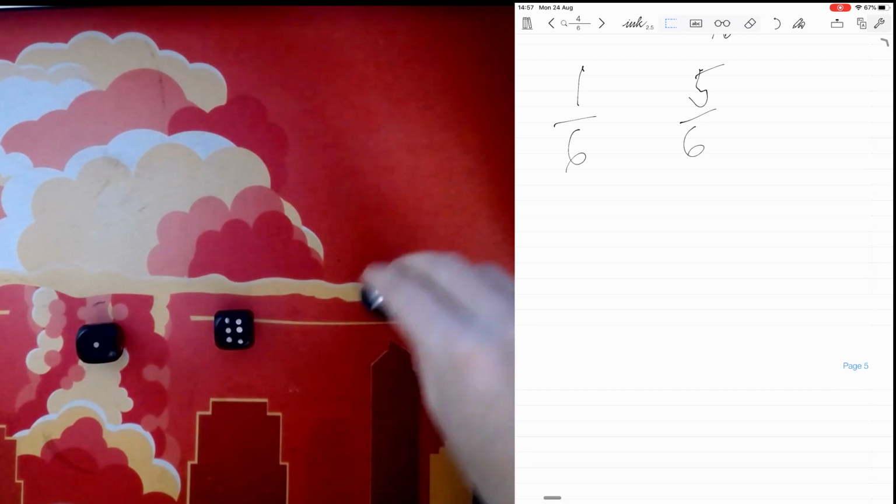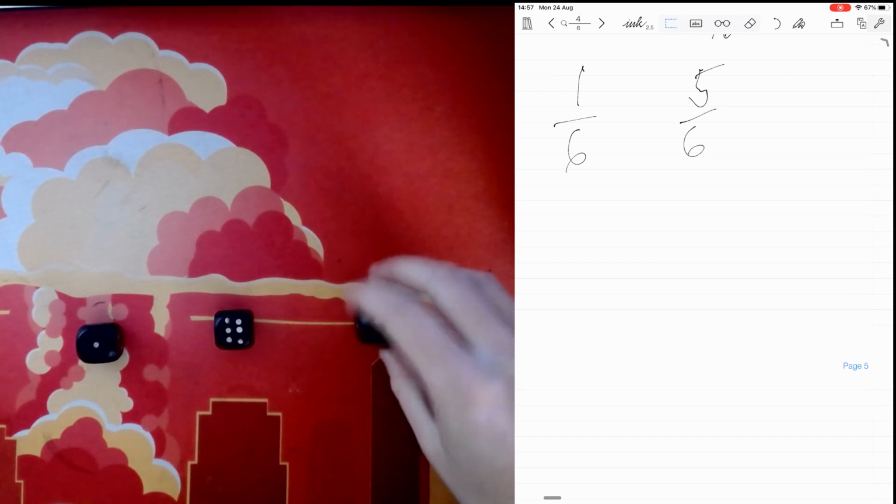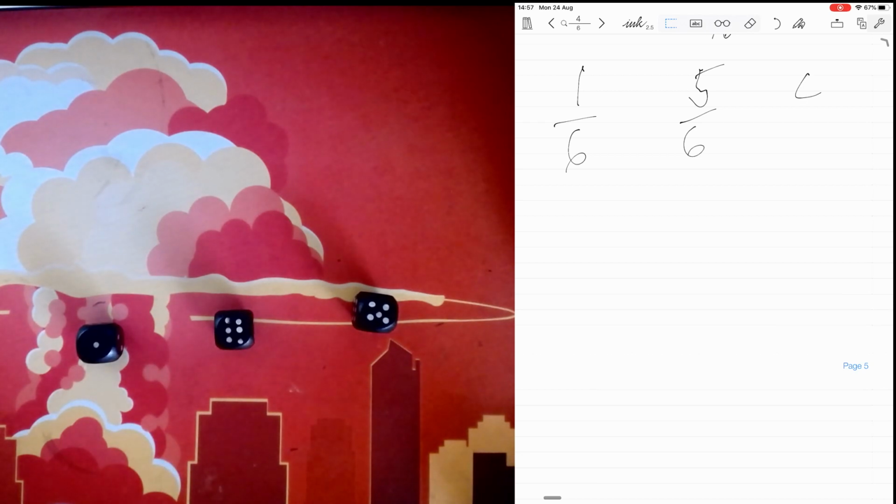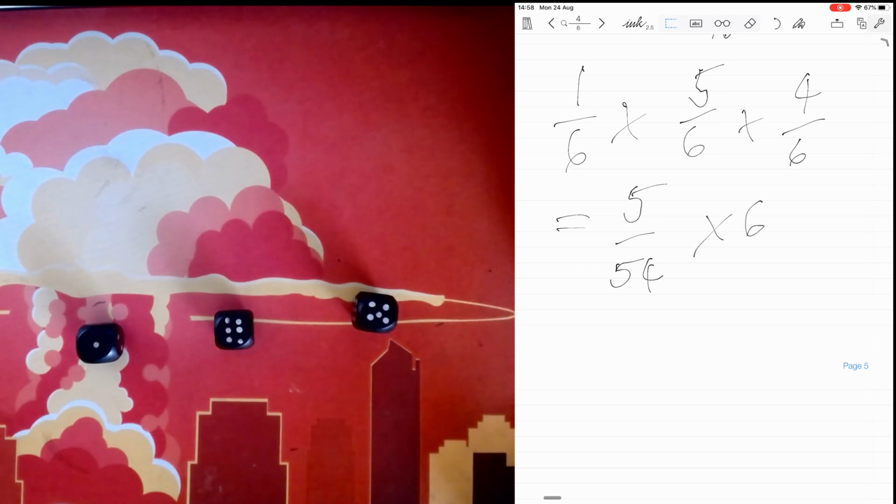So it can't be 1, it can't be 6, so it could be 2, 3, 4, and 5. So that gives us a 4 in 6 chance of occurring. Just like as in the first one, we times them all together. So this would give us a 5 out of 54 of occurring. And as in the same ones, there are 6 possible different scenarios that may occur.